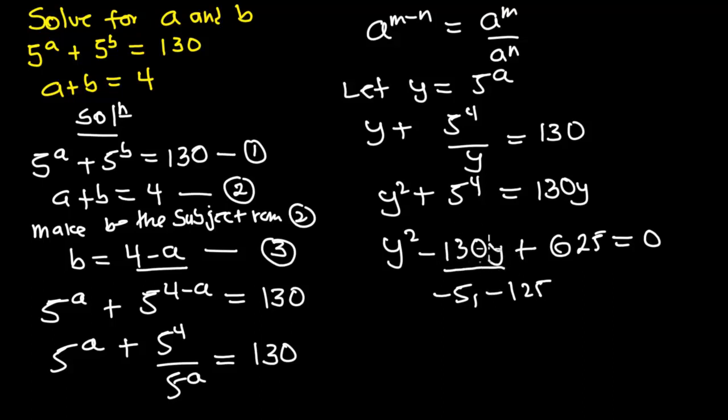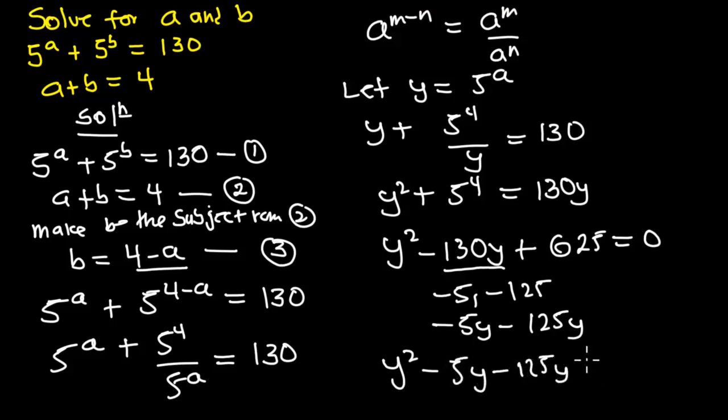So we rewrite negative 130y as negative 5y minus 125y. And so the equation now will be y squared minus 5y minus 125y plus 625 is equal to 0.